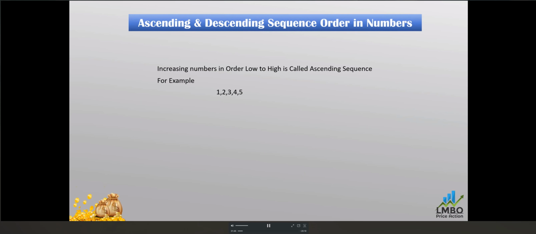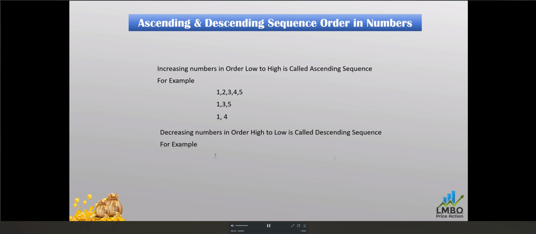This ascending sequence we will put into the candlesticks, and then it will give us information about the candlestick. These are the numbers to understand, but we will use these numbers in a candlestick. Maybe sometimes you will find 1, 3, 5, sometimes 1, 4, and decreasing numbers in order from high to low is called the descending sequence.